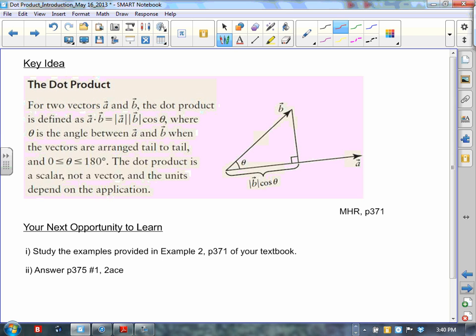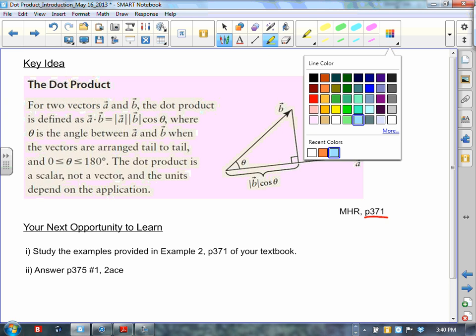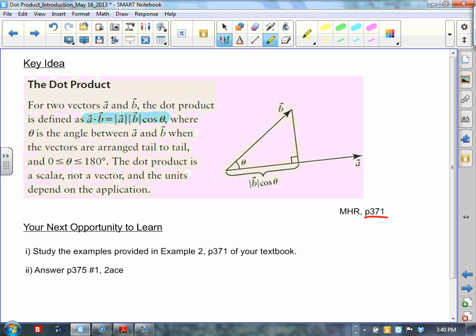From your textbook, page 371, as you can see here, McGraw-Hill Ryerson provides us a summary of what the dot product is. Let me highlight this here. Notice the notation that's used.